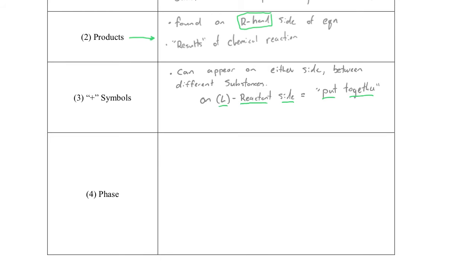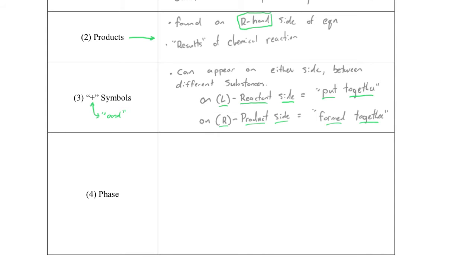That might be in the same reaction flask, or if it's a gas, they might be in the same container as each other. Either way, they have to come in contact with one another. On the product side, that plus symbol means that the products are formed together, so they're both produced in the same place as one another.